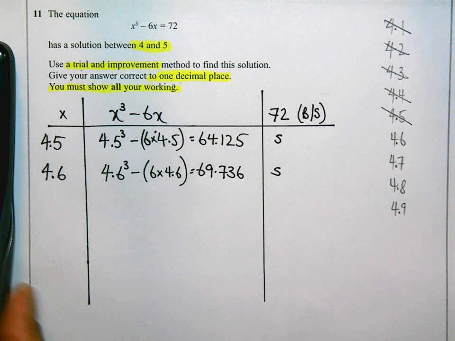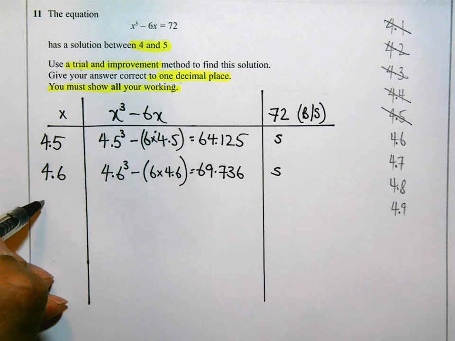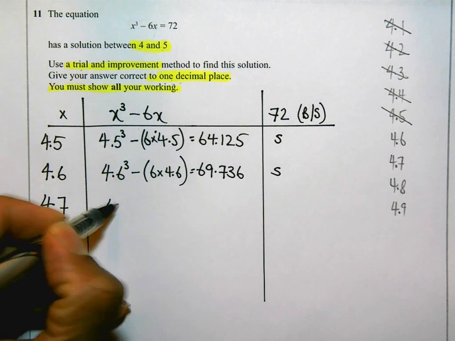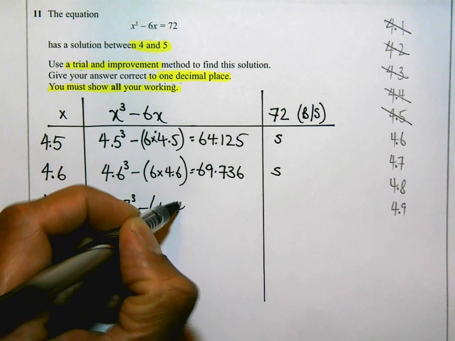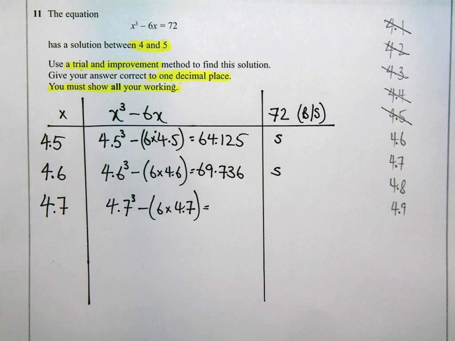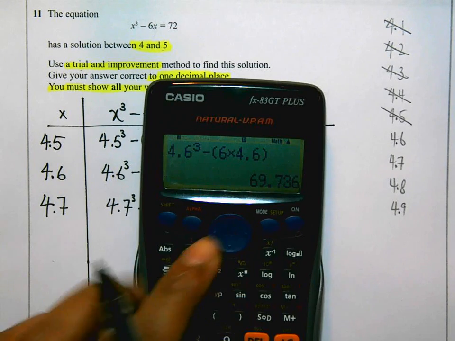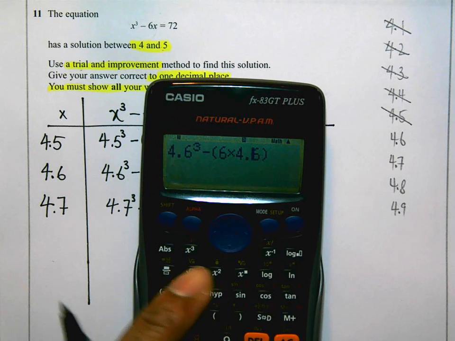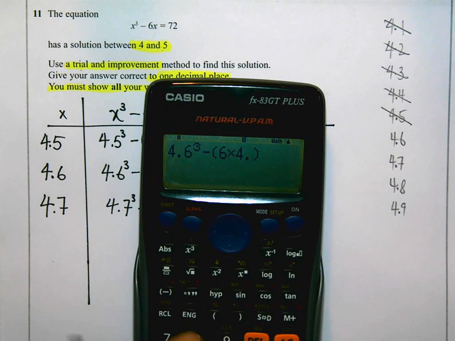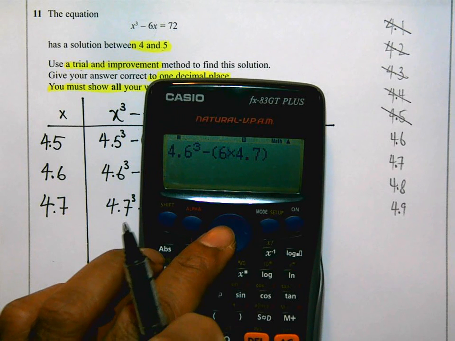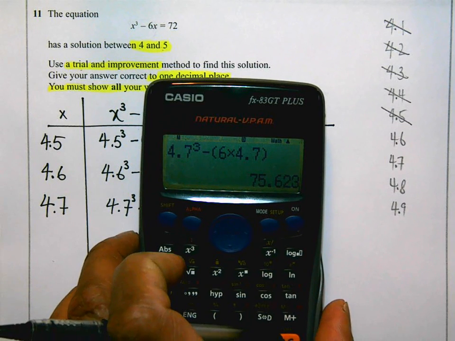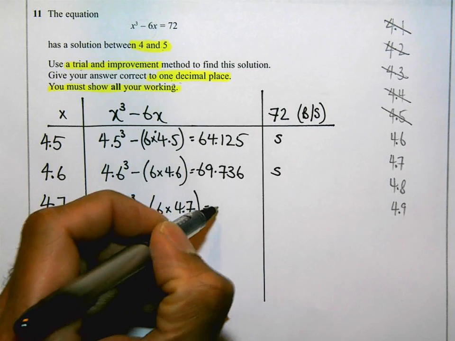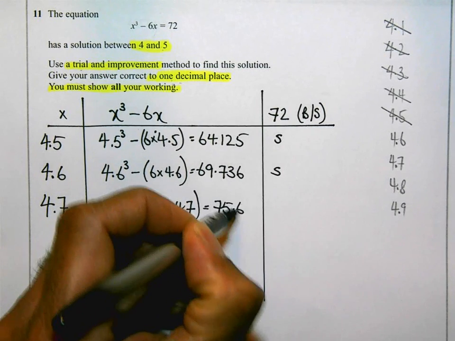I'm going to try now 4.7. I'm going to use the same technique, 4.7 cubed, take away 6 times 4.7, and go back to the calculator, use the replay button, and that's 75.623, and that's too big.